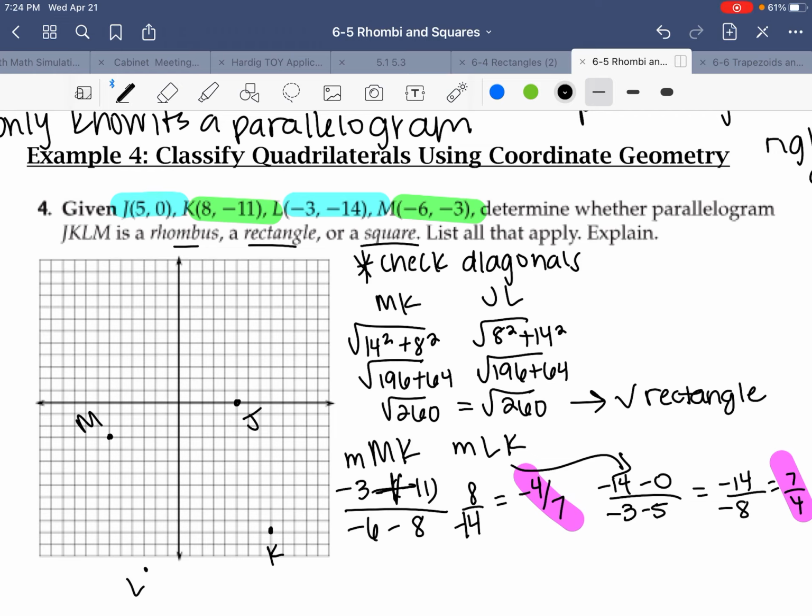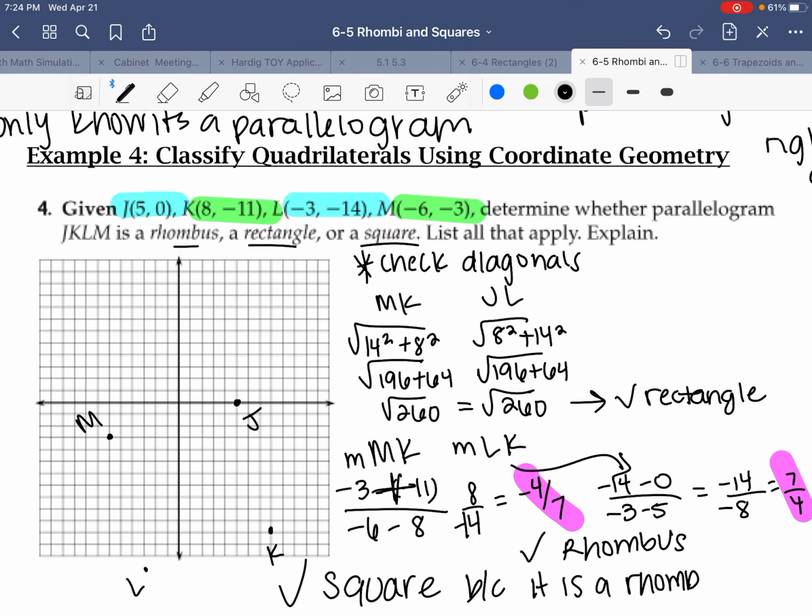So now we know that it is also a rhombus. Because it is a rhombus and a rectangle, we know that yes, it is a square.